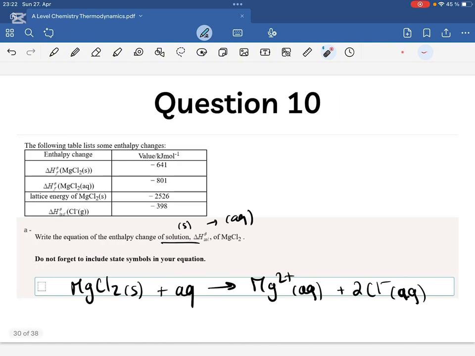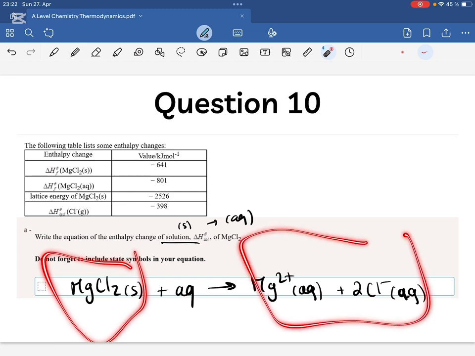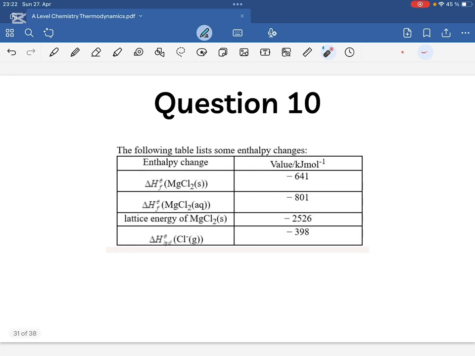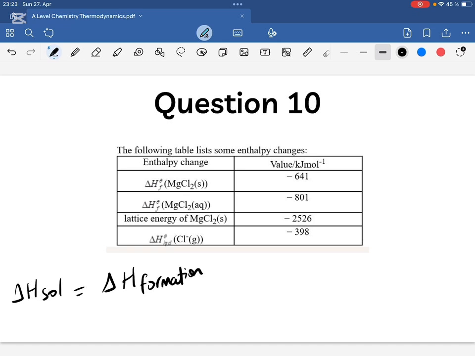Now for the delta H solution, I'm going from solid to aqueous, and I have to use this table. To find the delta H solution, I'm going to use delta H formation. It's as if I'm saying products minus reactants: the delta H formation of aqueous minus the delta H formation of solid.